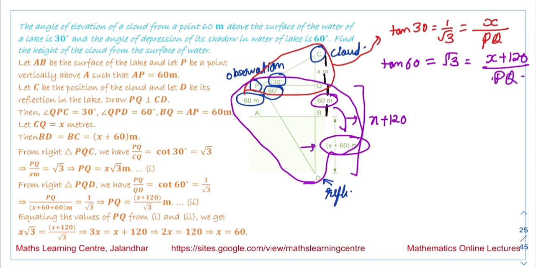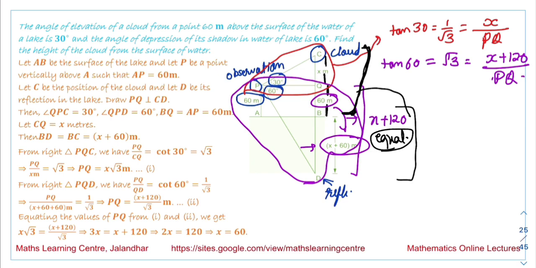Why this is x plus 60? The reason is that by the property of the reflection, the height BC and the height BD should be equal.